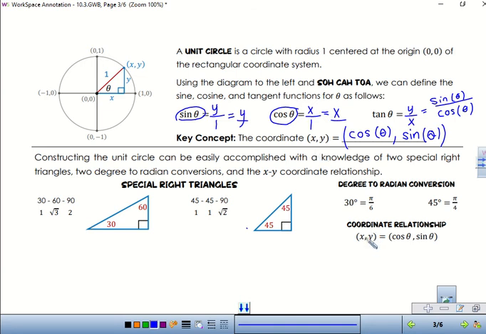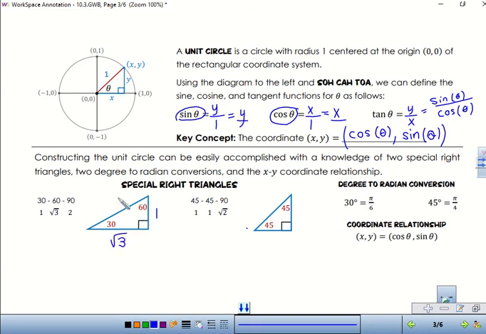Okay. So, constructing a unit circle can be easily accomplished with the knowledge of 2 special right triangles, 2 degree-radian conversions, and the xy coordinate relationship. So these are our special triangles. All right, everybody remember these? So the opposite side of 30 is going to be 1. So the side opposite the 60 is radical 3.